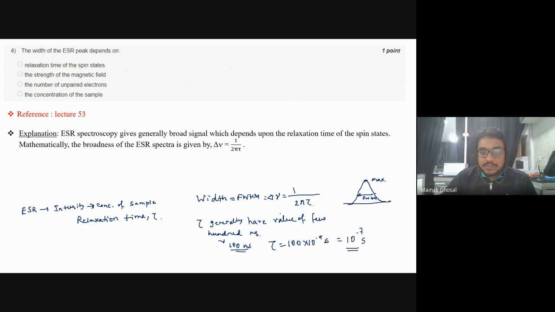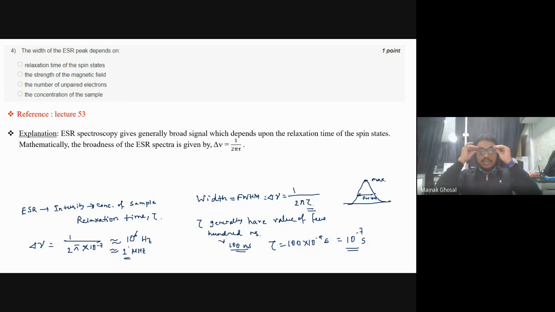Put this value of tau in the equation: delta nu equals 1 by 2 pi into 10 to the power minus 7. It gives almost 10 to the power 6 hertz, which is nearly 1 megahertz.